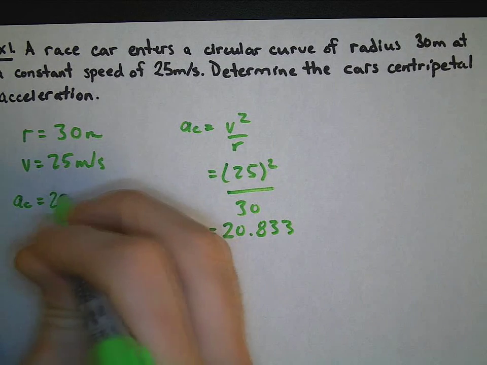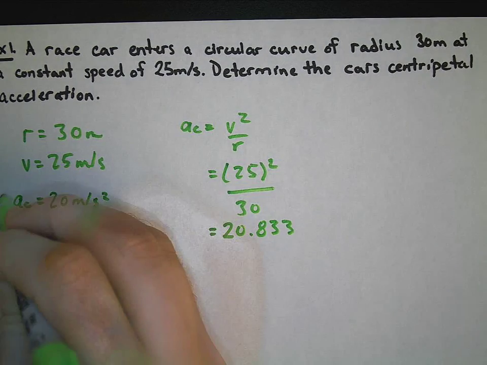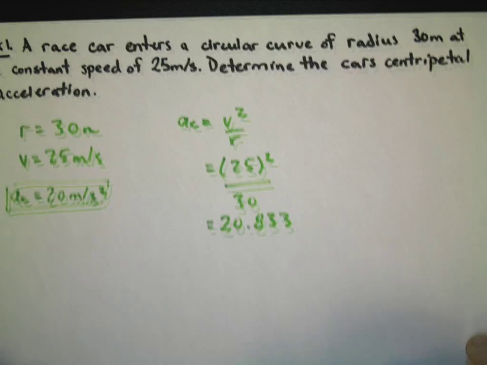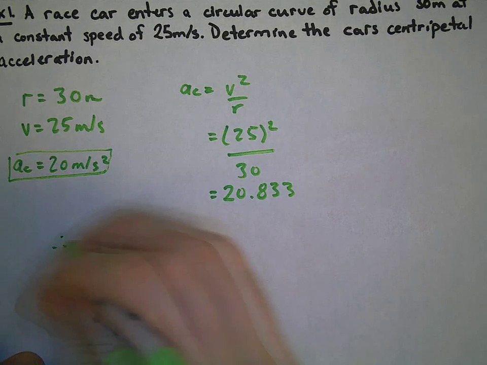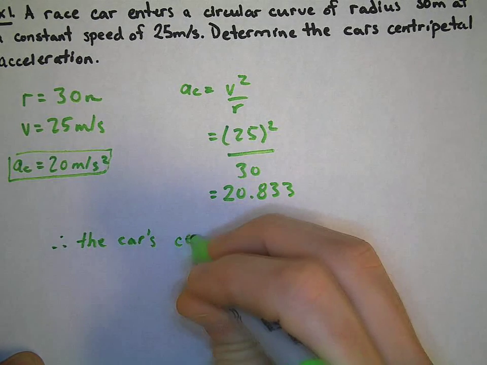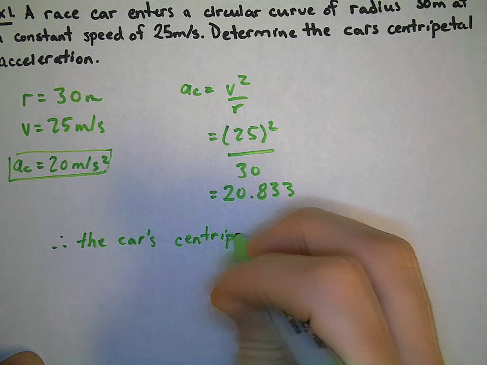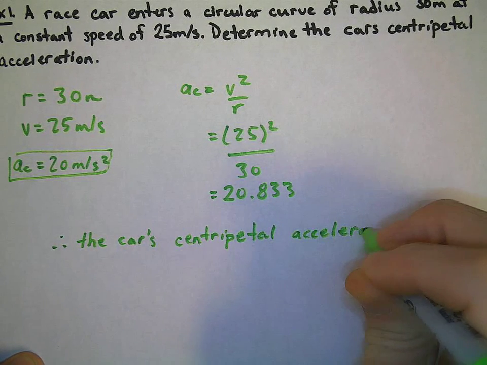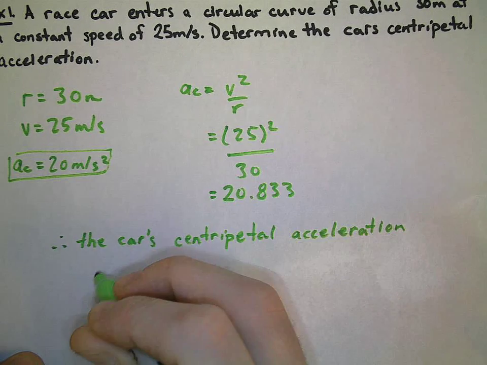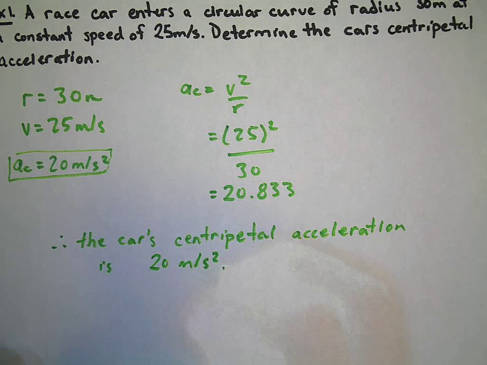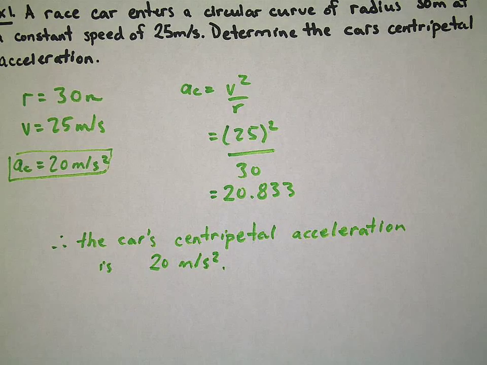So 20 meters per second squared is the acceleration that that car is undergoing. And there we have our centripetal acceleration for the car.